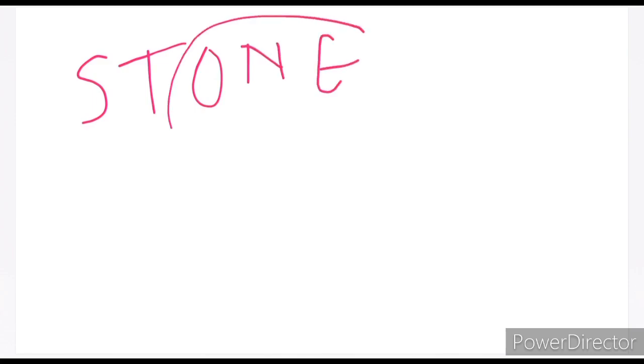For mnemonic, I have a stone, we have 1. So in type 1, that is distal RTA, we have stone formation.